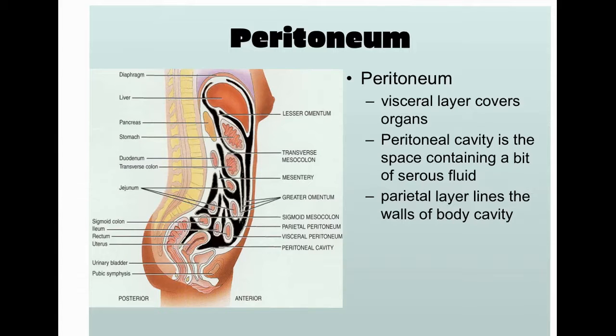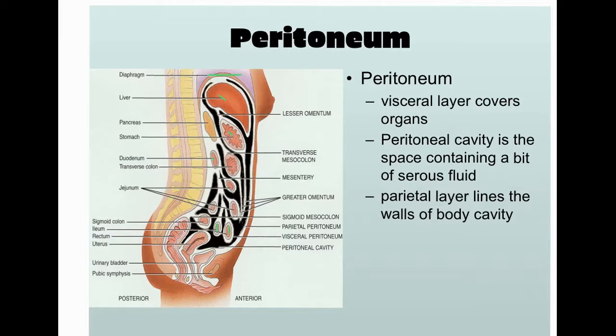Here you can see the entire abdominal cavity, starting up here at the diaphragm, and then moving on to the liver, the stomach, and the small intestines, starting with the duodenum, the jejunum, and the ileum. All the way down here, you have different parts of the large intestines, like the ileum and the sigmoid colon. So this peritoneum is the serous membrane that surrounds and protects the abdominal cavities.